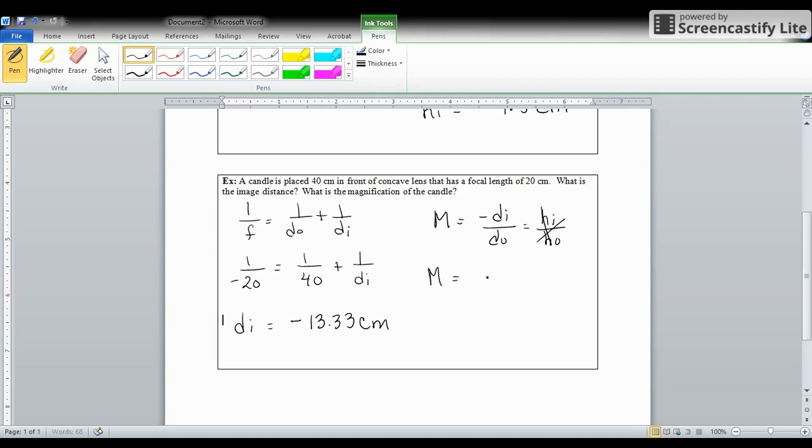So magnification is going to be negative negative 13.33 over 40. And you should get as an answer a positive 0.33. And so that means that the image is actually smaller, a third of the size of the object.